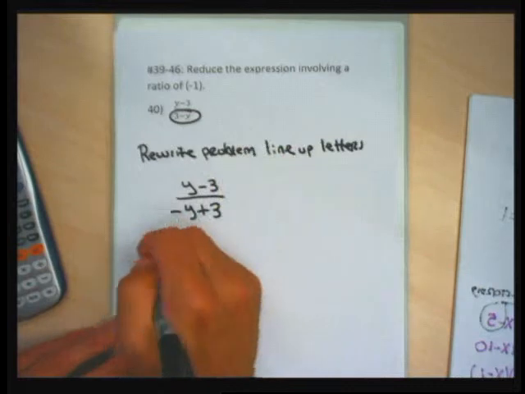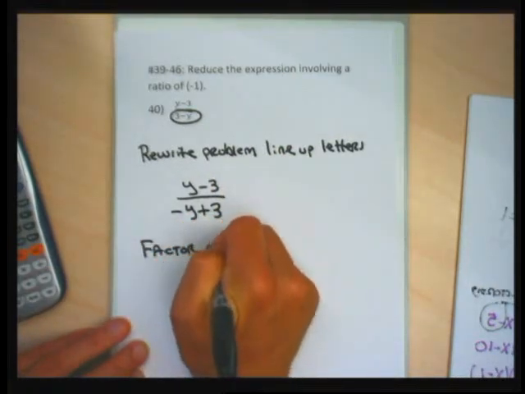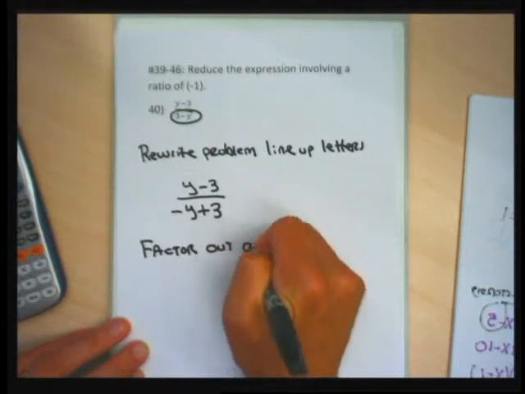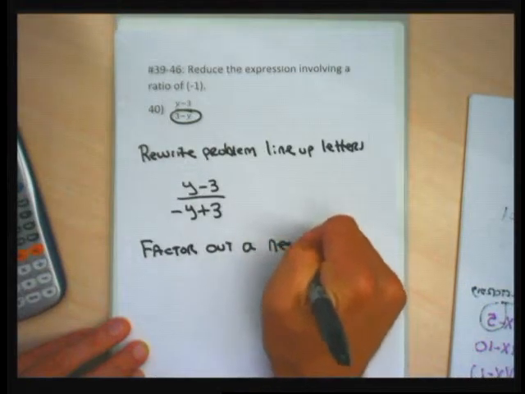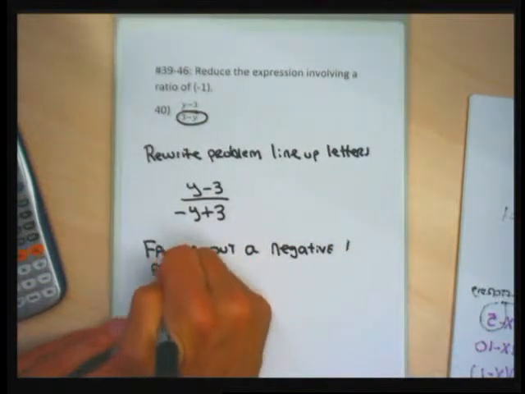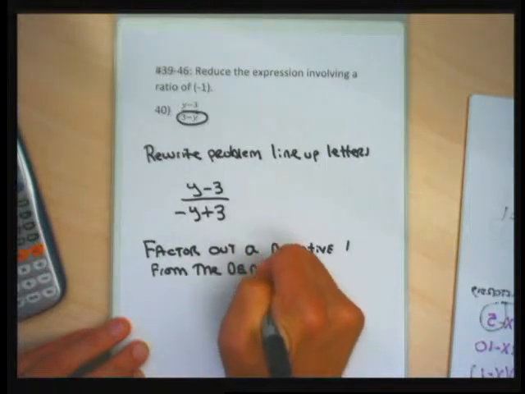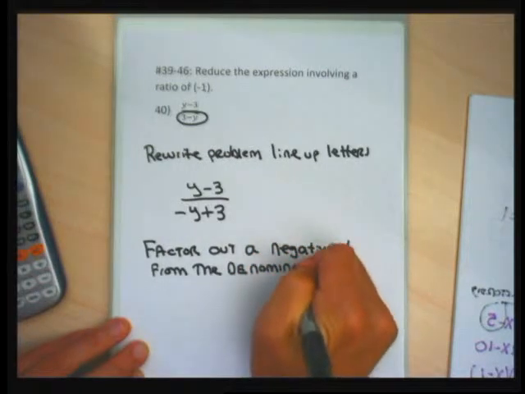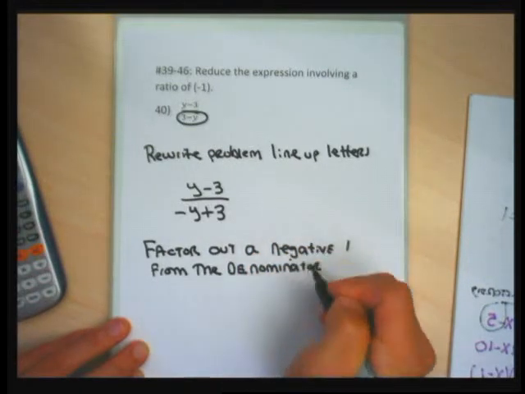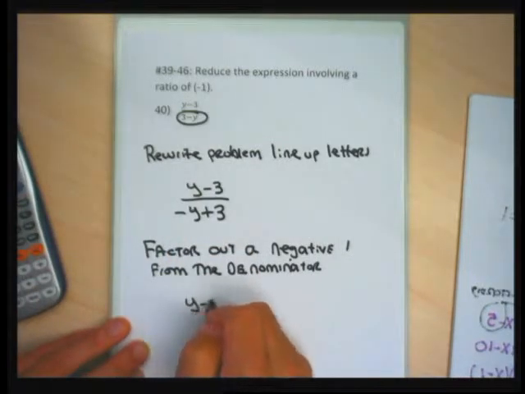Most of these problems, I'm going to be able to factor out a -1, which we do in section 1.1. And in this case, I'm going to factor out a -1 from the denominator as opposed to the numerator, because in the denominator the negative is written first.